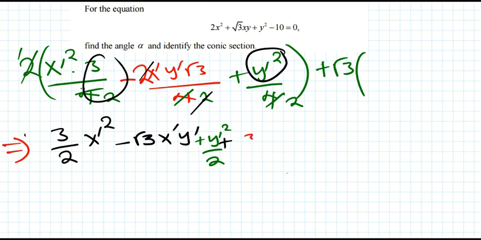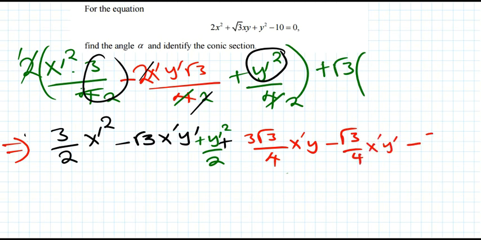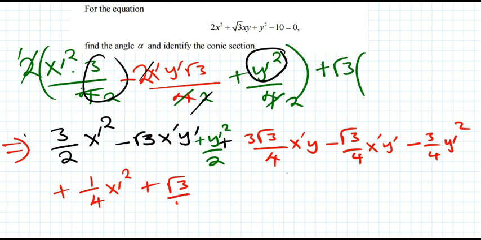So everything else I'm ending up with 3 root of 3 over 4 x prime y minus root 3 over 4 x y y prime minus 3 over 4 y prime squared plus 1 over 4 x prime squared plus root of 3 over 2 x prime y prime plus 3 over 4 y prime squared minus 10 is equal to 0.